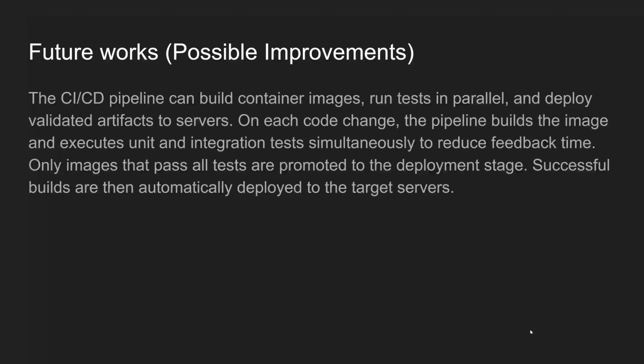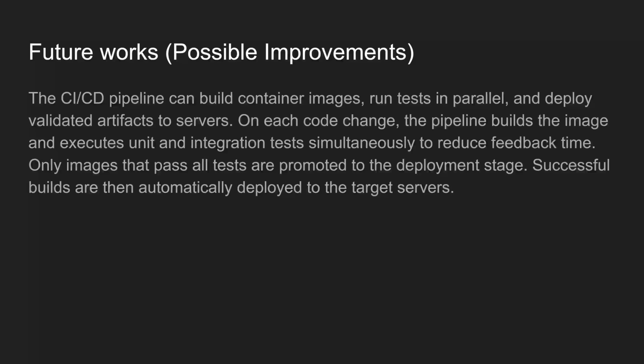So that's it. About future work and possible improvements in this project, we can implement CI/CD. If a developer pushes any code, we can trigger events in Jenkins or GitHub Actions.